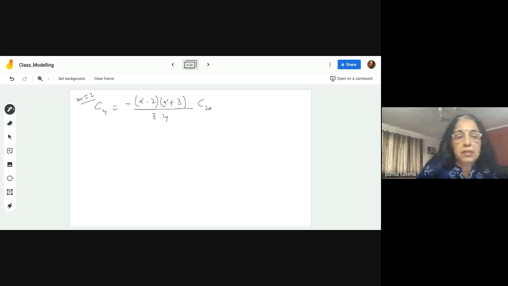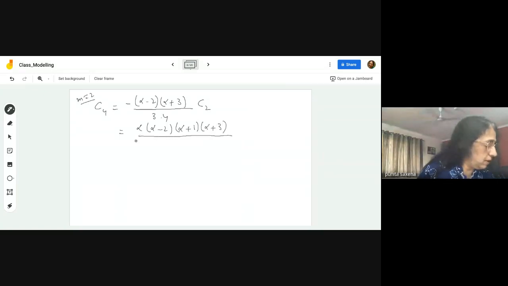C2 was minus of alpha into alpha plus 1 upon 1 into 2. So that means minus minus will become plus, and it will have alpha, alpha minus 2, alpha plus 1, alpha plus 3 upon 1 into 2 into 3 into 4, C0. Is that okay?